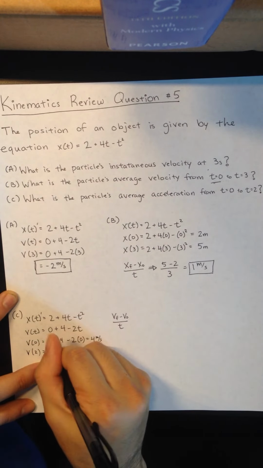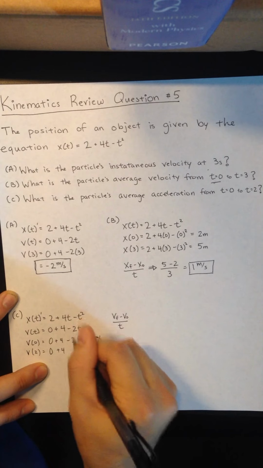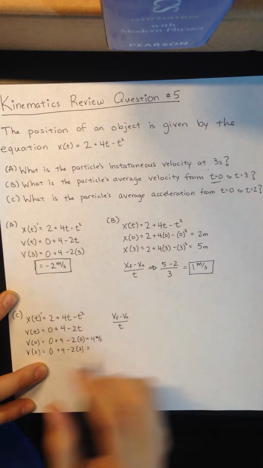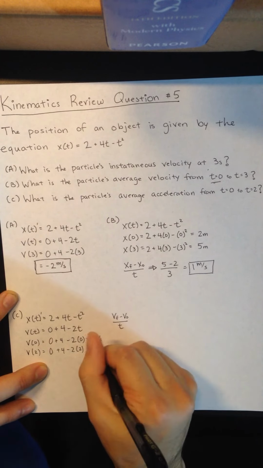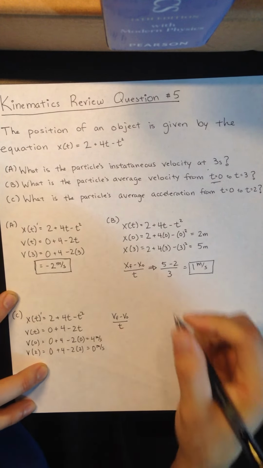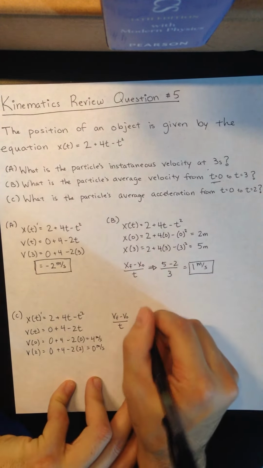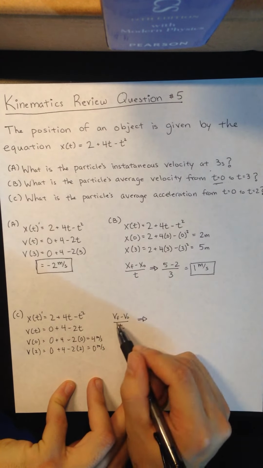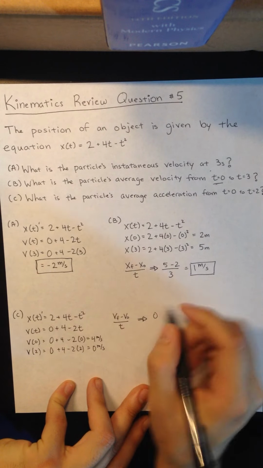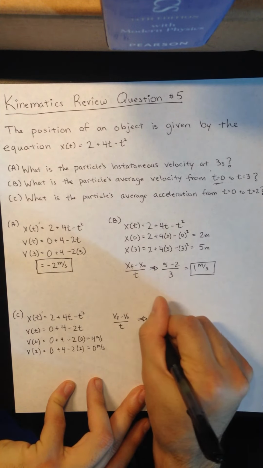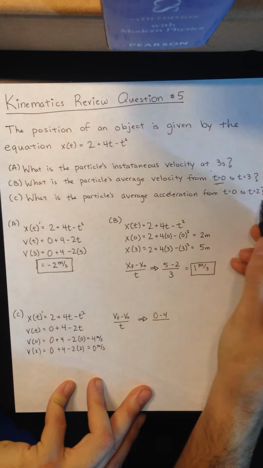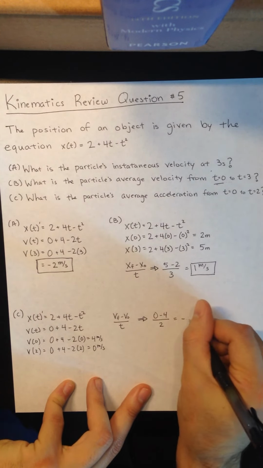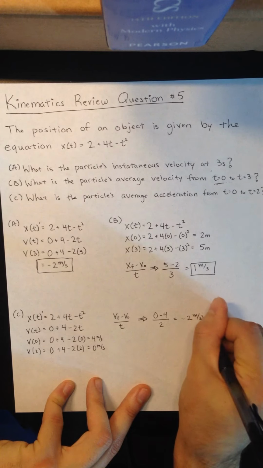What you get is 0 plus 4 minus 2 times 2, which is 0 meters per second. Let's plug this in. The final velocity is 0, the initial velocity is 4, and the time from 0 to 2 is 2 seconds. And what you get is negative 2 meters per second squared.